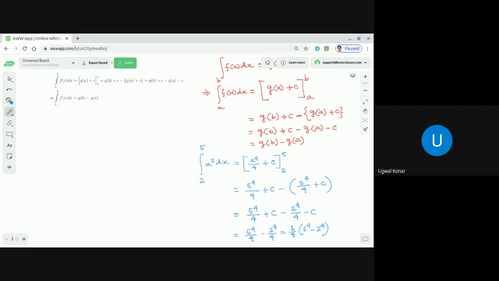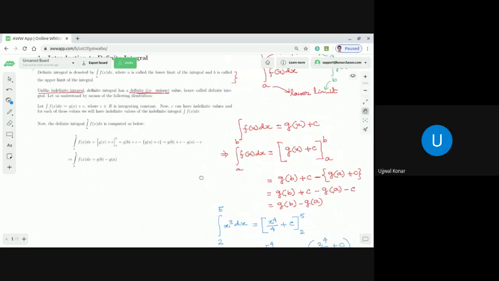Yes. Okay. So now let's go to the theory as I kept it here. So let f(x), you see, let the integration of f(x) dx be equal to g(x) plus c, where c belongs to R, an integrating constant.